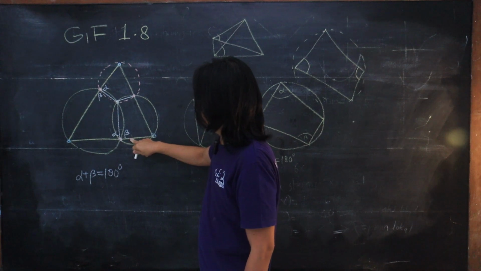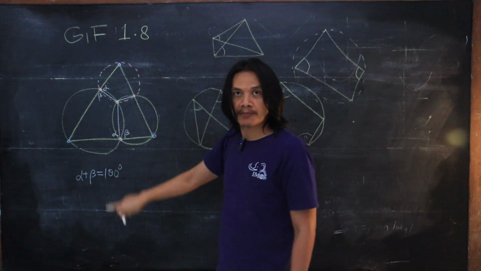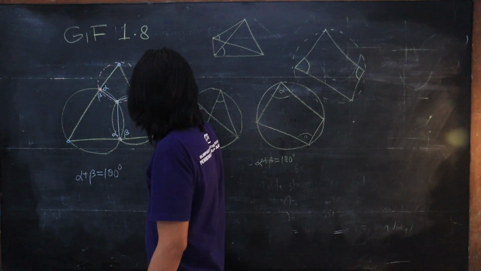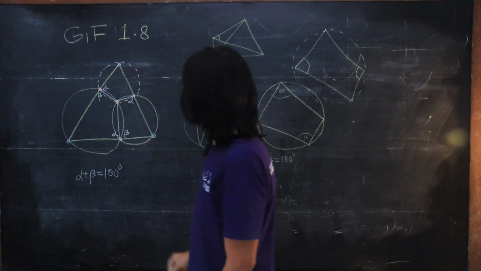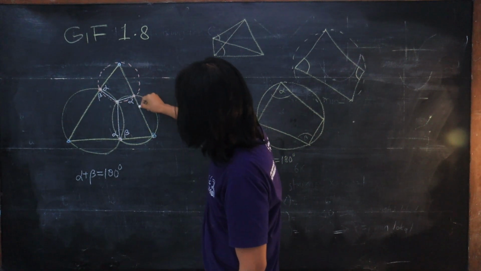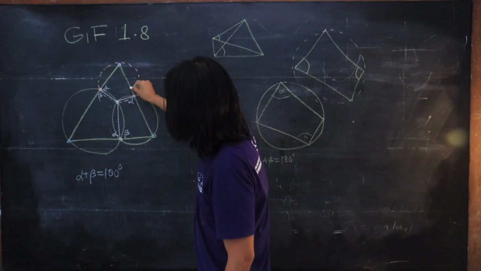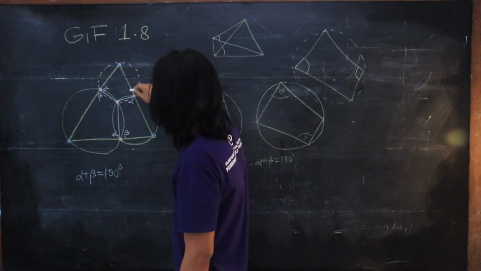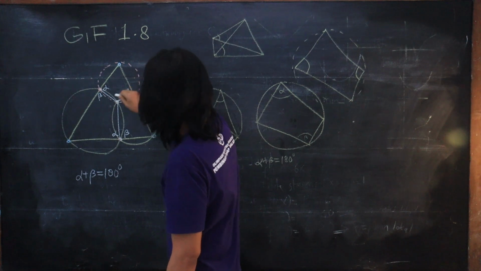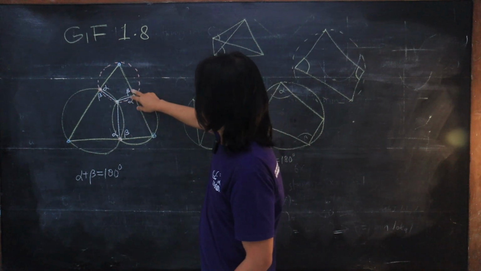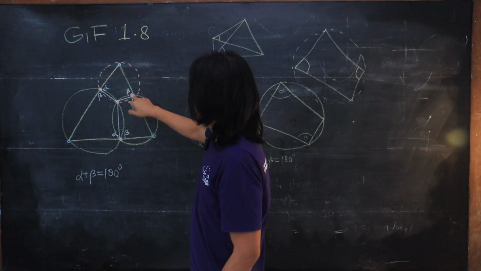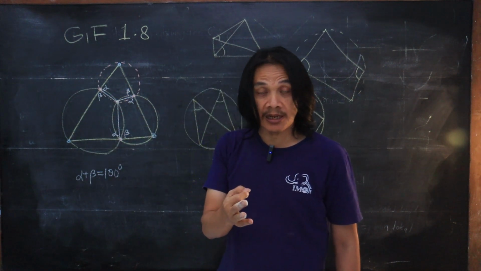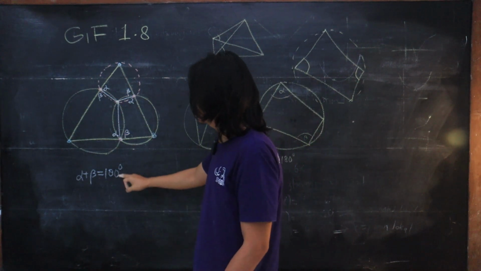Since this angle is beta, that other angle must be the supplement of beta, which is alpha. And since this is a straight line, that's going to be the supplement of alpha, which is beta. So now we have a quadrilateral where the two opposite angles add up to 180 degrees.